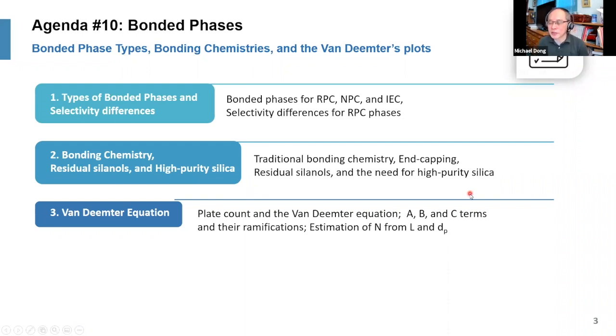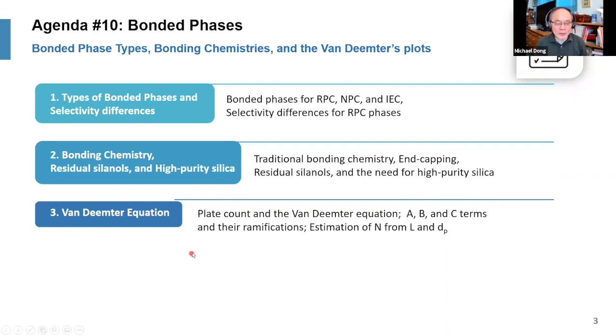That problem was actually solved by Dr. Jack Kirkland, right? He's really a bright guy. And he actually is the guy who invented SPP, or superficially porous particles, without actually doing the experiment. You know, he's a physical chemist, so he had very high impact. I'm a big fan of Lloyd Snyder and also Jack Kirkland.